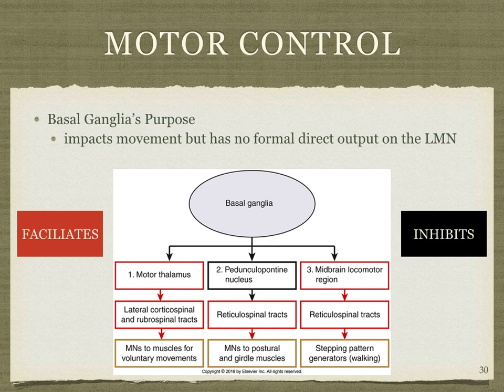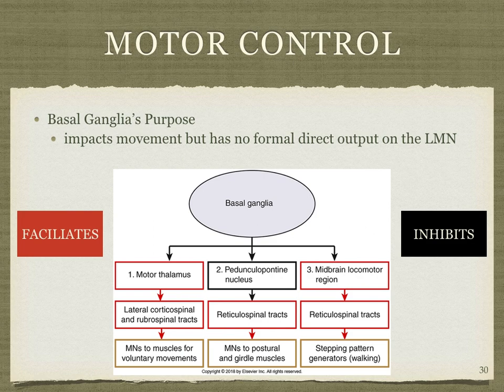So it's inhibiting this reticulospinal tract, which in turn is providing normal facilitation of movement of our posture and our girdle muscles. So it's controlling tone, essentially. So with this one inhibiting the PPN, which then inhibits the next movement tract, our postural tract, it's allowing for just normal control of postural tone.